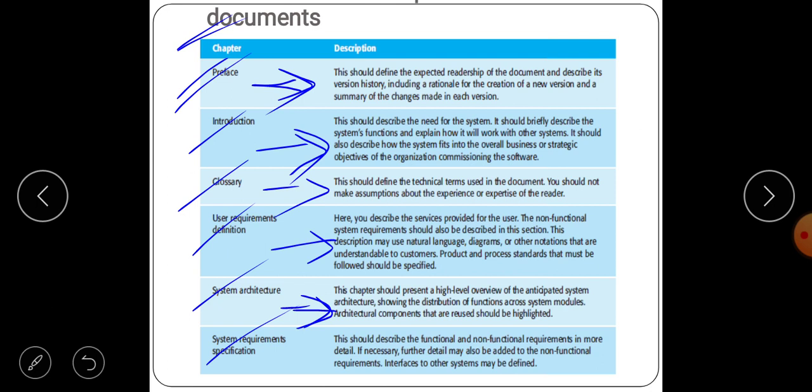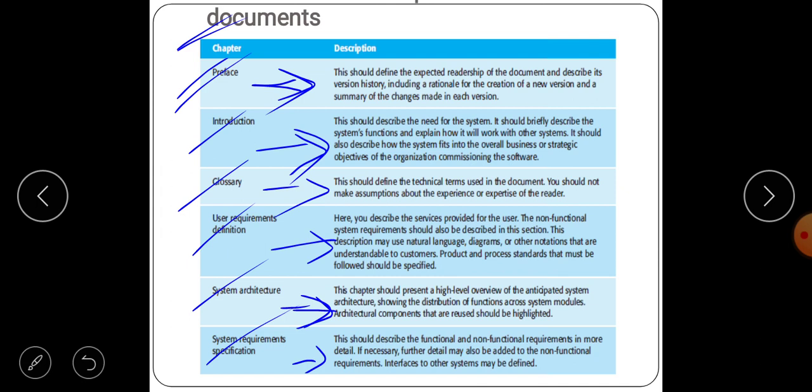Next one is system requirements specification. Okay, this should describe the functional and non-functional requirements in more detail. In this section, system requirements specification, we are going to describe the functional and non-functional requirements in more detail.